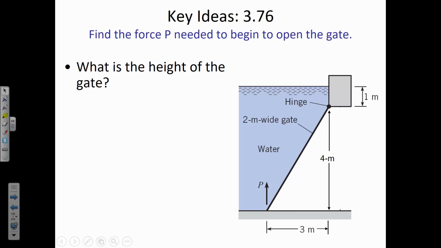And so first of all, we have to kind of look at the dimensions here. It's 4 meters is this vertical component. 3 meters is a distance from the edge of the hinge to where the force is located, the P that's being applied. But the physical height of the gate, what's the physical height of the gate? 5 meters, clearly.